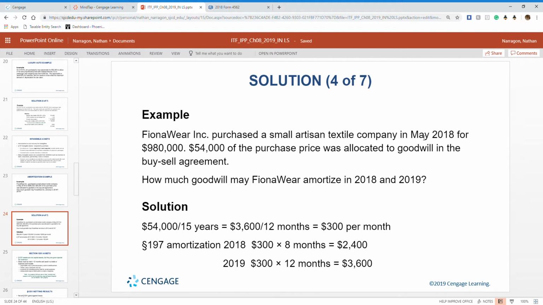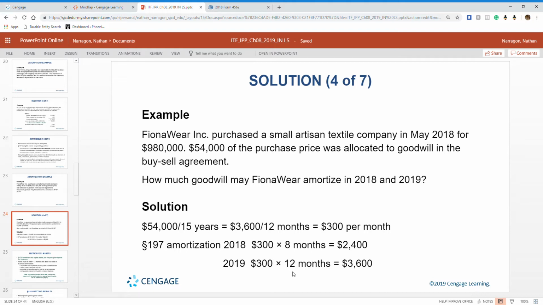We didn't buy it for the full year. We bought it in May. So the best thing is to divide by 12 to get the amount per month, and then multiply by how many months. This was done in 8 months. We had it for 8 months, so 300 times 8 equals $2,400.